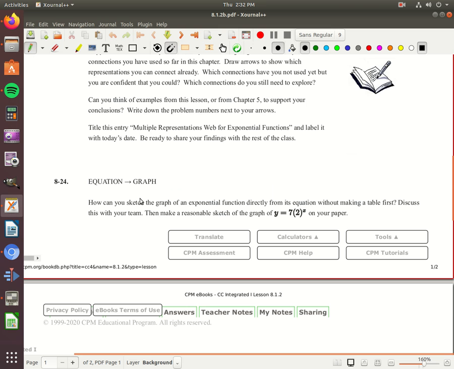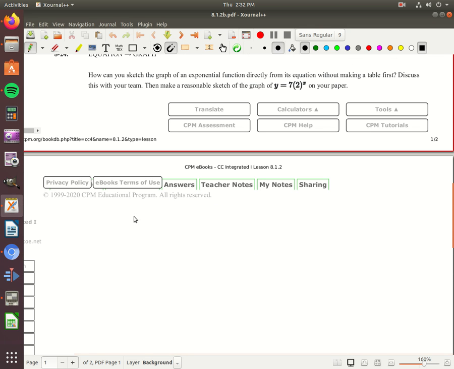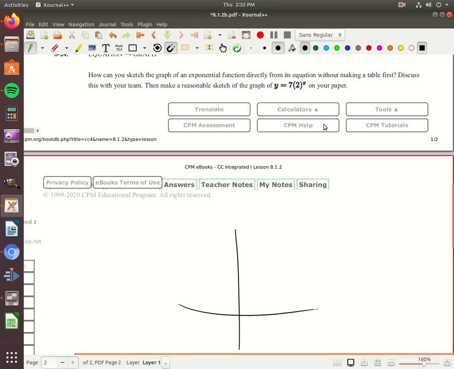And then finally, I think this is the last one right here. It says, how can you sketch the graph of an exponential function directly from its equation without making a table first? Well, I know that if I have this graph, this thing's going to start at 7. I won't get very far into this.